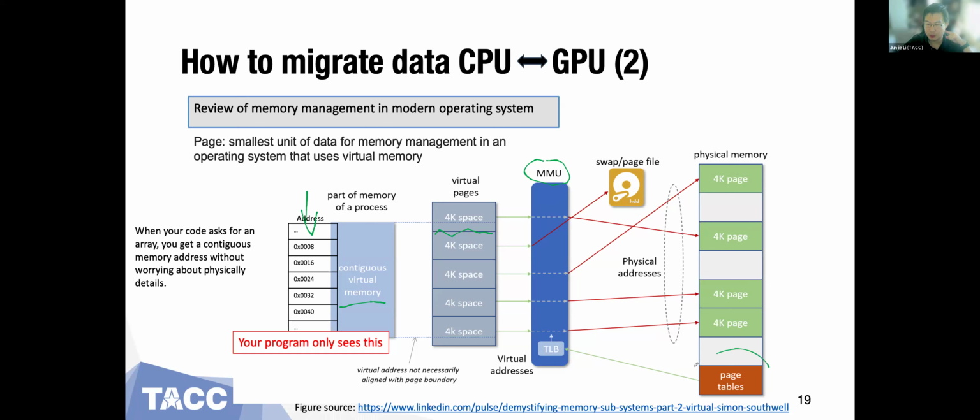And on your memory, there's a small piece of space that is reserved to save the page table, which basically saves the mapping of virtual to physical memory. And you can see, although we have a continuous memory in our virtual space, physically, the pages can be spread anywhere, and they're not even continuous in this case.